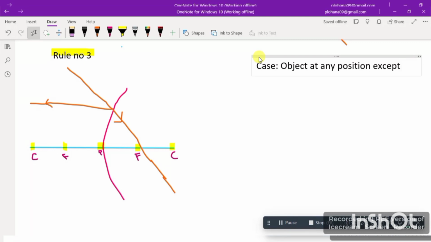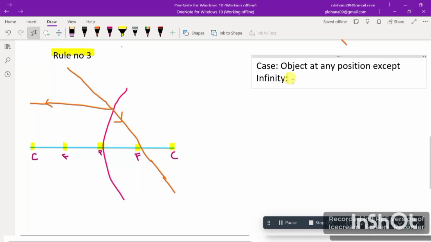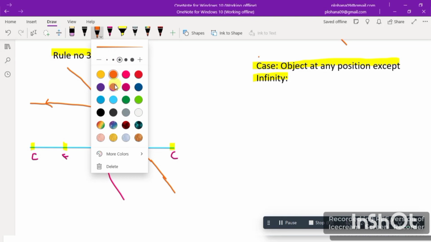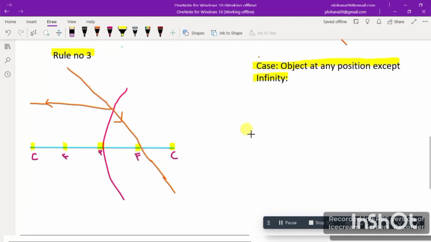I don't have the sign of infinity here, but I am going to write infinity. Here we are just going to study the location of the picture where it will be formed, right? So I'm just going to make the diagram here.